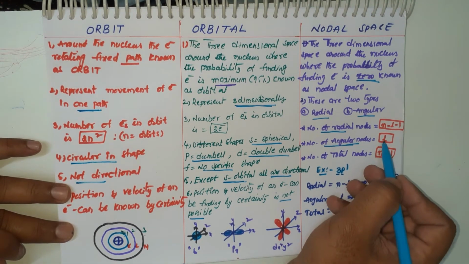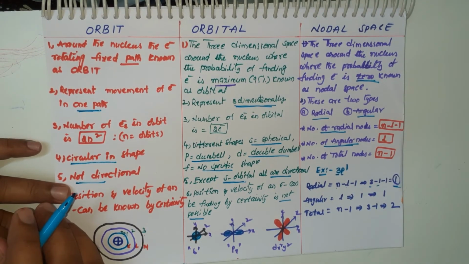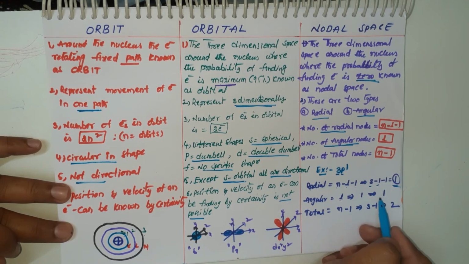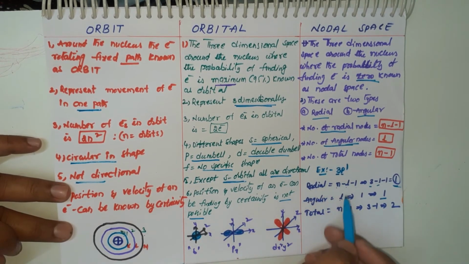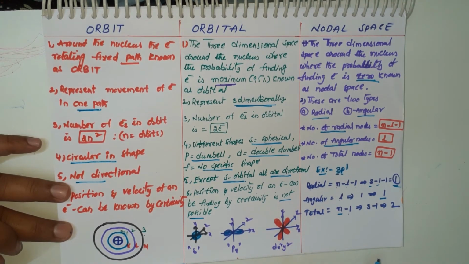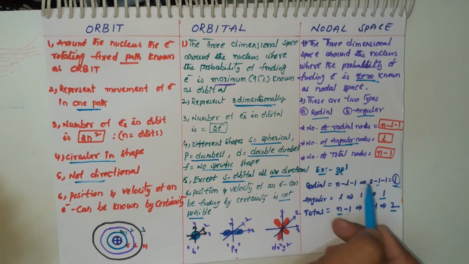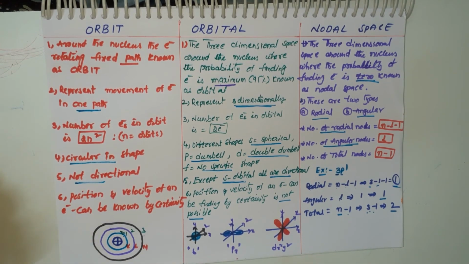Angular nodes are always equal to the azimuthal quantum number, that is the L value of p, which is 1. And total nodes, how can we find? Principal quantum number minus 1. The principal quantum number here is 3, so 3 minus 1. The total number of nodes in the 3p orbital is 2.